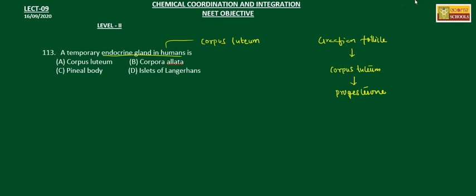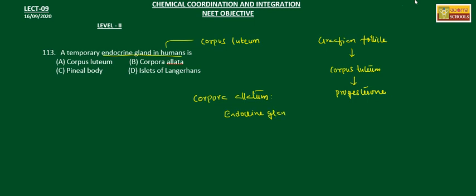Next, option B, corpora allata, we can also call it corpora allatum. This corpora allatum is an endocrine gland in insects.